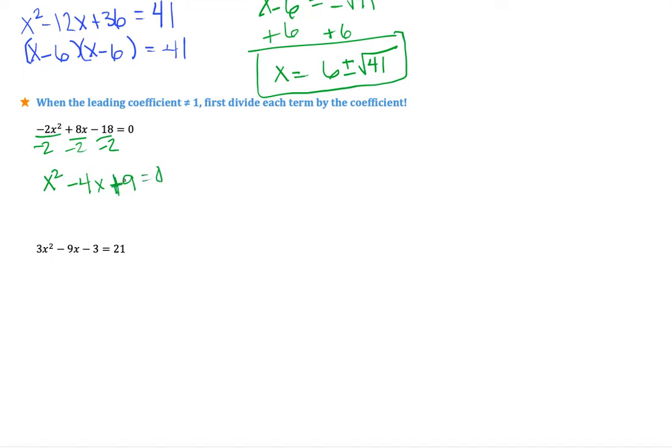Now I'm going to start my process. I'm going to subtract my 9 and get it to the other side. So I have x squared minus 4x equals negative 9. Then I'm going to take half of b and square it.